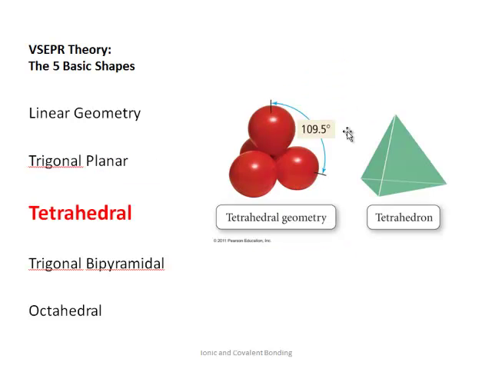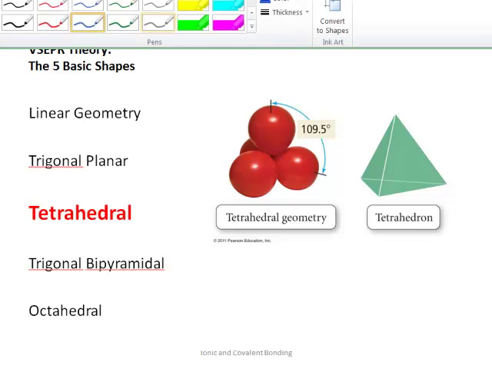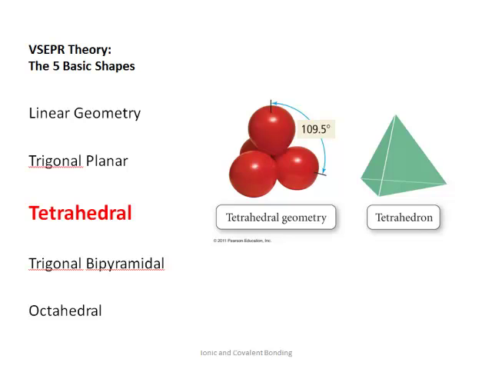Okay. The next geometry will be one with 4 electron groups, and the shape they take on is what's known as a tetrahedron in geometry, a sort of pyramid-shaped structure. Pictured here is sort of tying 4 electron groups, 4 balloons, together to represent the electron groups.